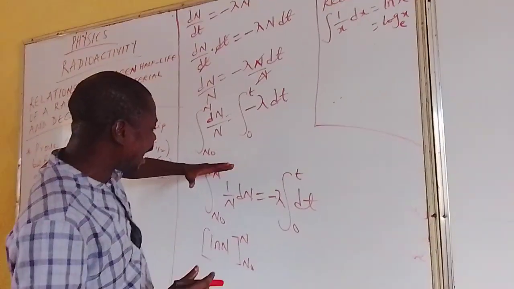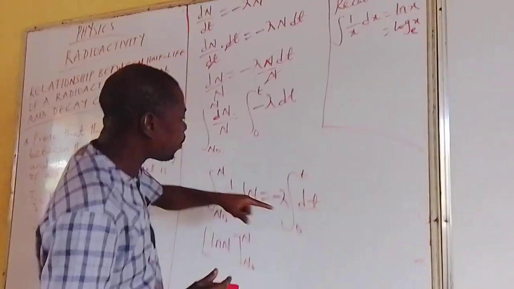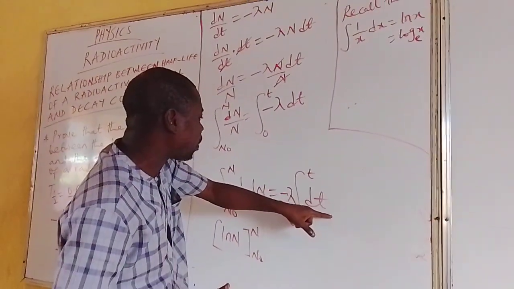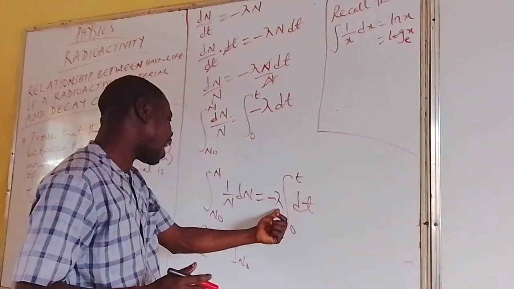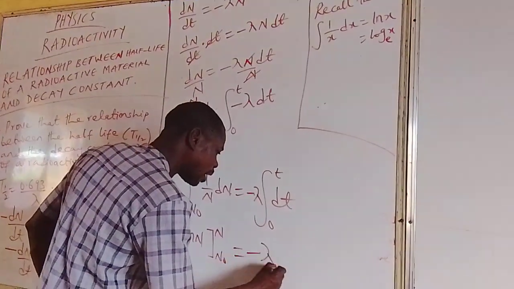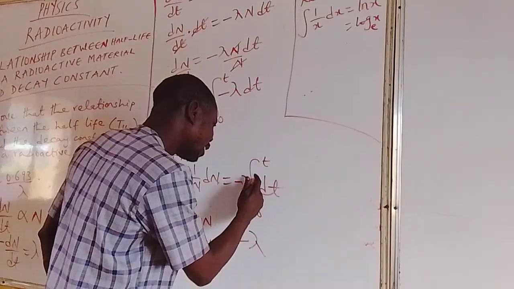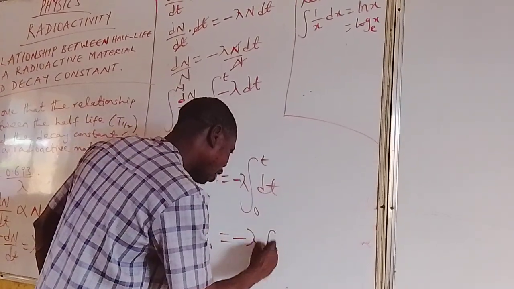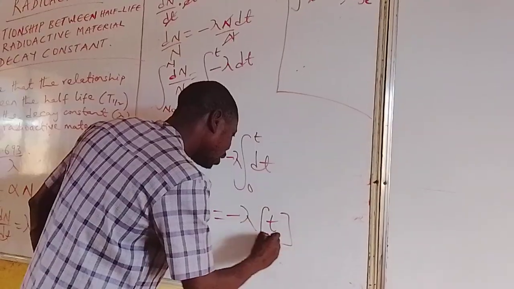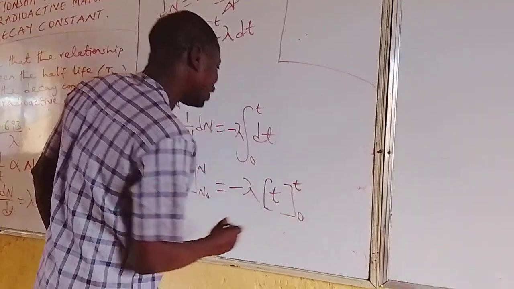I integrate this with respect to n, and I integrate the right hand side with respect to t, where lambda is a constant. So it is equal to minus lambda, and the integral of dt is t, because this is a constant function. Then upper limit t, lower limit 0.